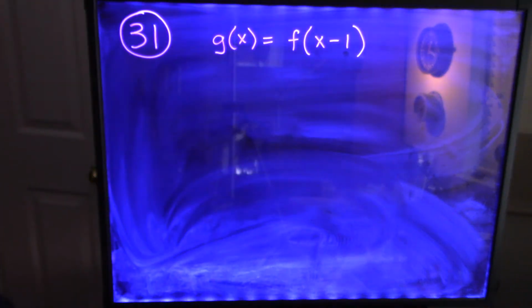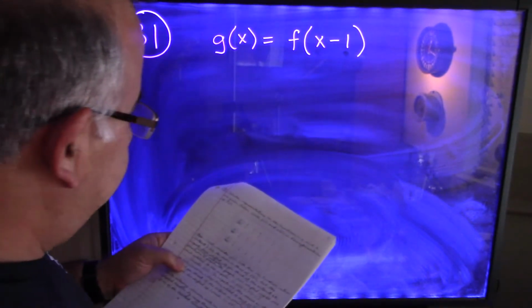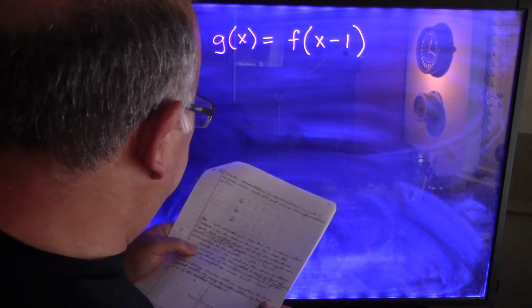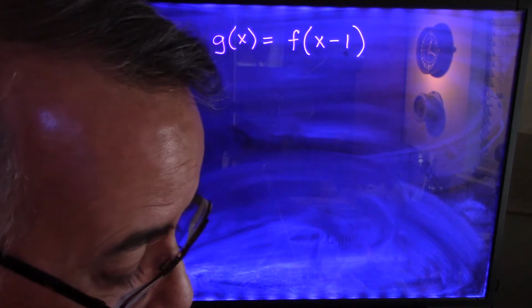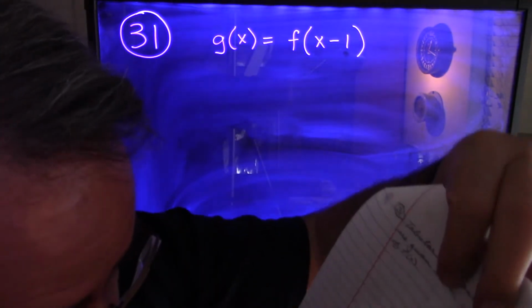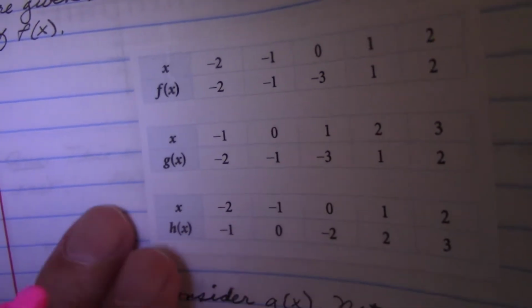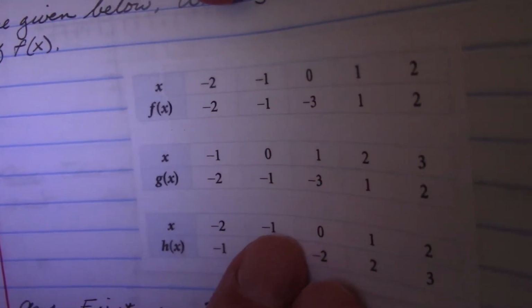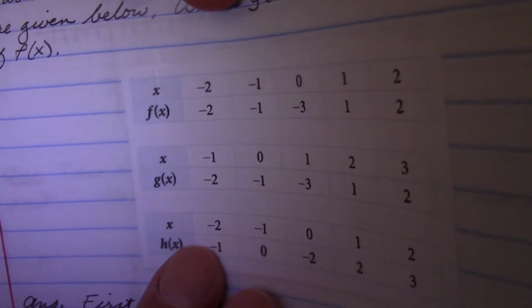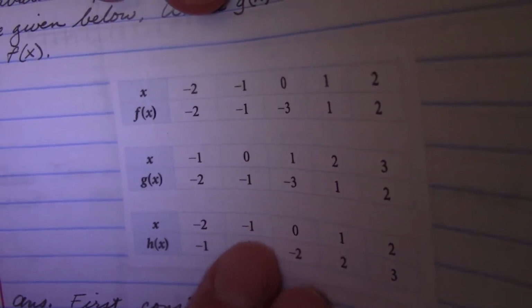All right. How about h of x? So if you look at h of x, the inputs are the same as f of x, right? So take a look at h of x. The x values are the same, the inputs, but the y values have changed.